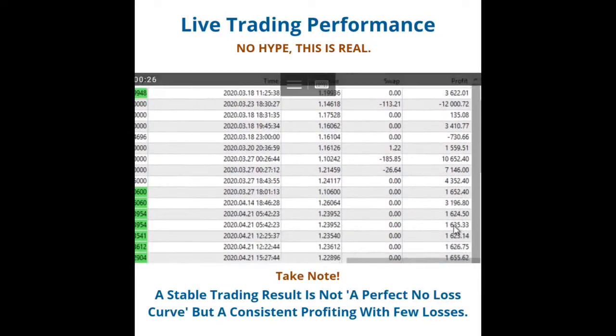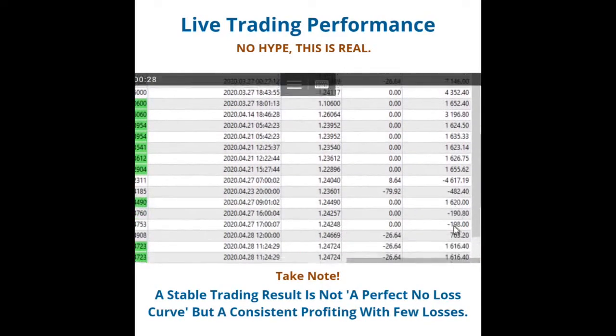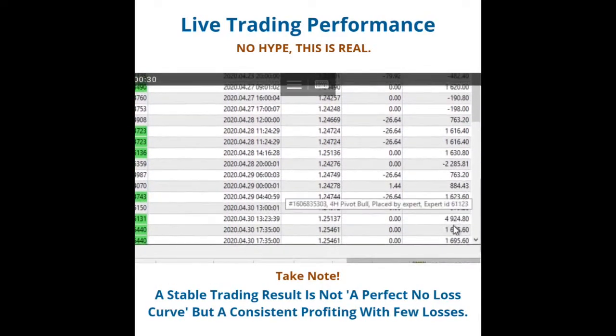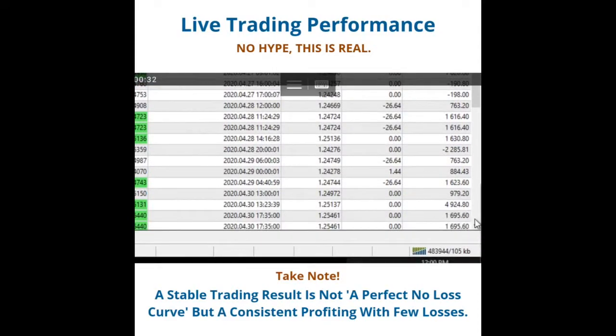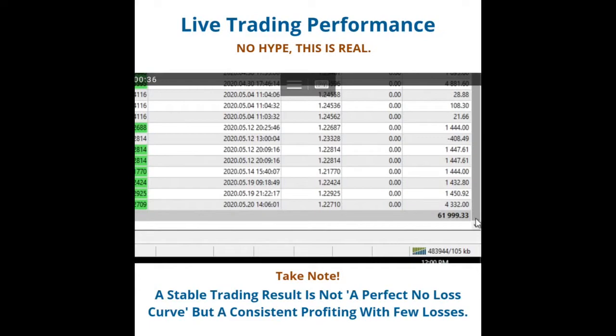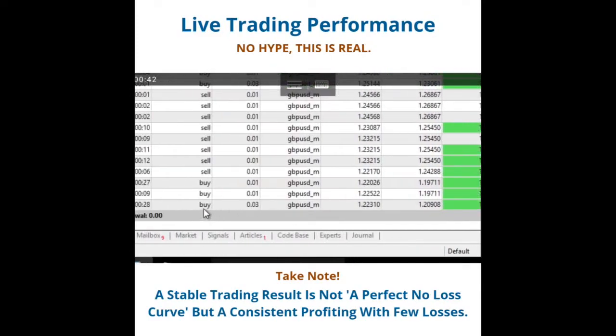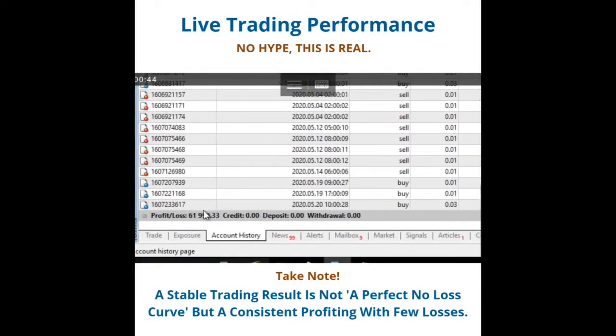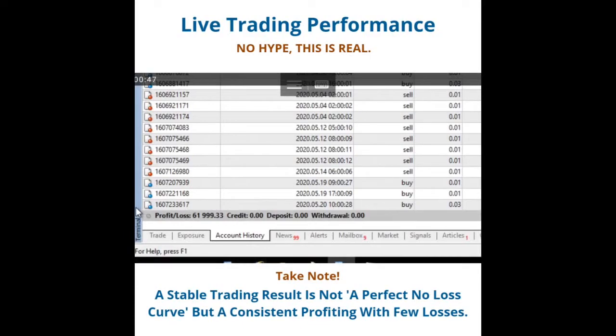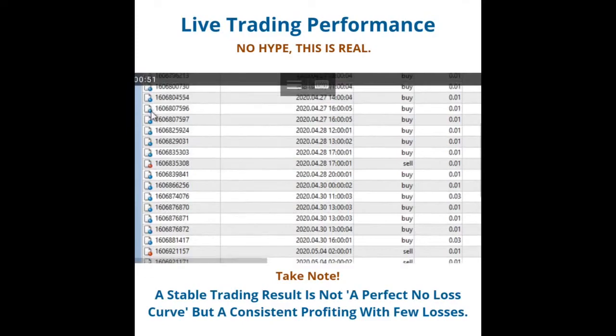You can see, it's not all about making profits. Losses are also incurred. But above all, your profits must outweigh your losses for you to remain a sustainable trader. So far, 61,999.33. Yes, that's our profits so far.